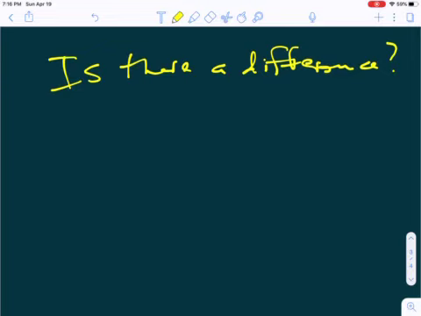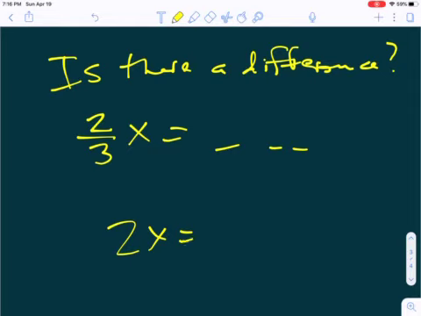But when you solve something like 2/3 x equals something, as opposed to 2x equals something, there's a slightly different approach we're going to take to those. And those are going to be the subjects of the next videos coming up. So I just wanted to explain what we mean when we talk about rational coefficients. And pretty much in this lesson, you're going to be learning how to deal with fractions and decimals.